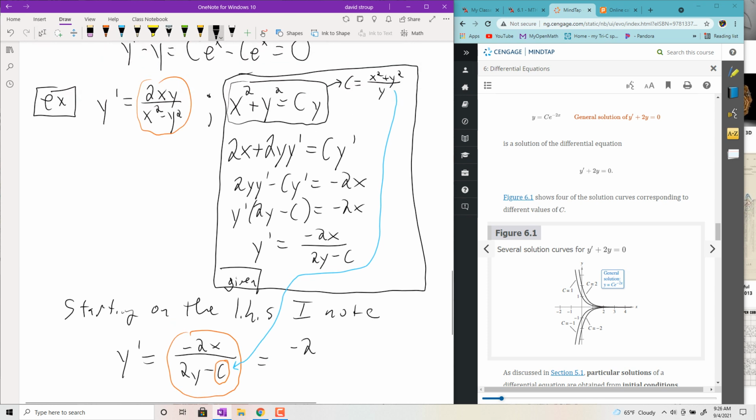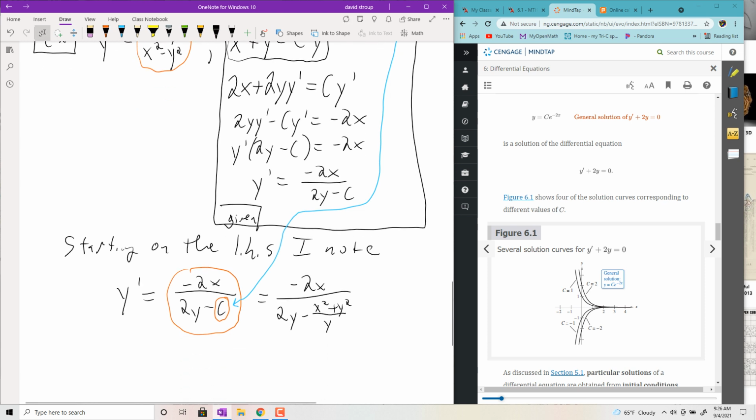This will be negative 2x all over 2y minus x squared plus y squared all over y. Not a fan of complex fractions, so I'm going to multiply top and bottom by y. Okay.